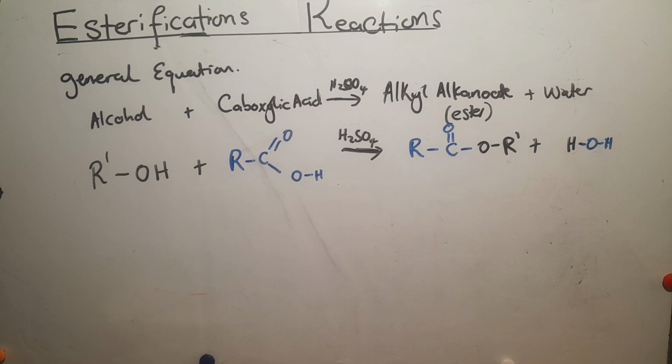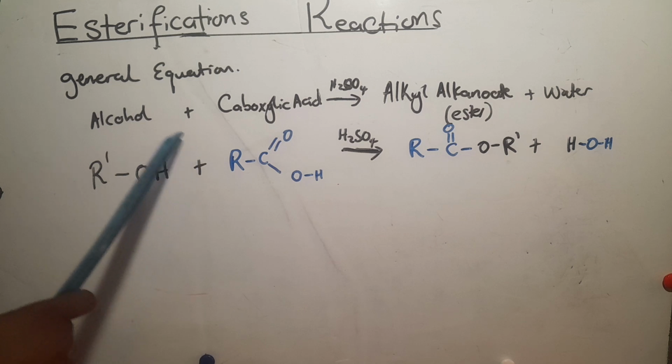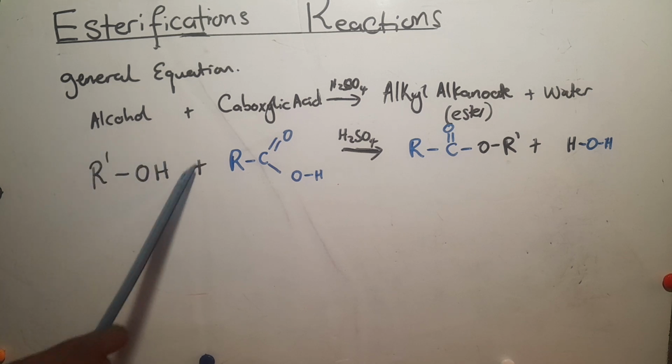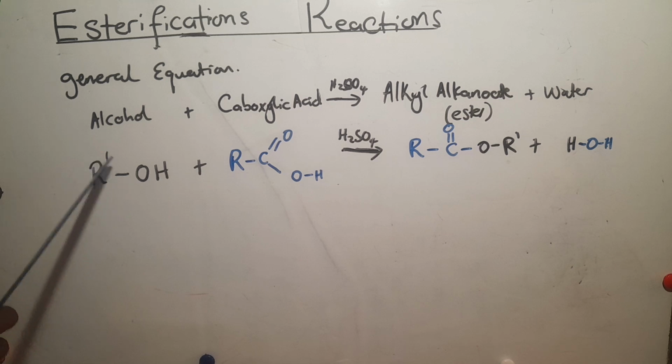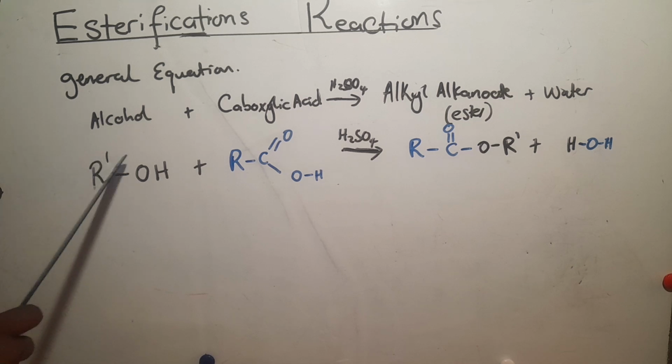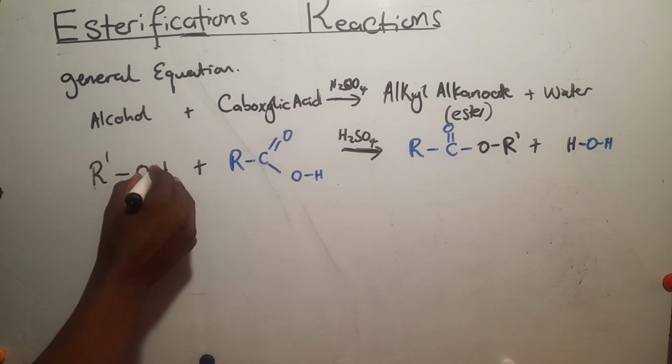So let's take a look at this. So if you're having a situation where you're having an alcohol, this is just a general formula of an alcohol, this representing a carbon chain of the alcohol, and this is the hydroxyl, right?